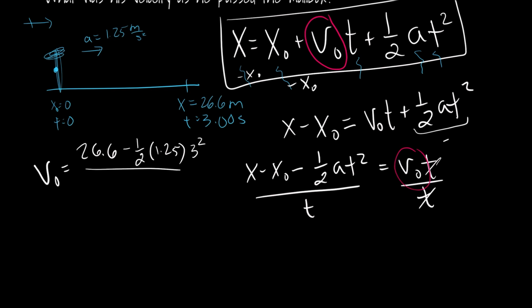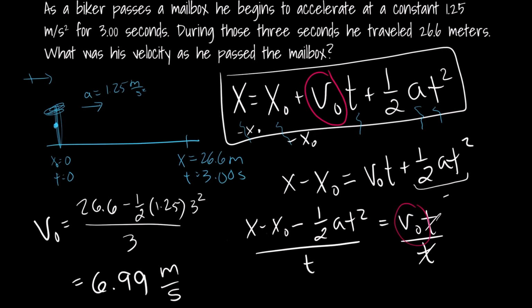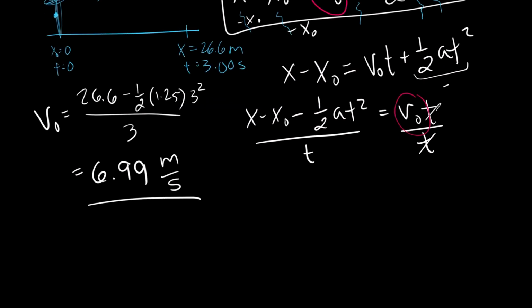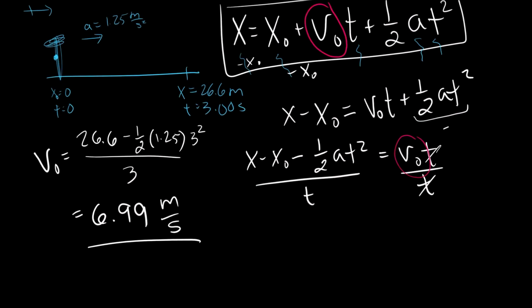Then we're going to divide by 3. That's going to equal 6.99. Our units, since we're looking at a velocity, are meters per second. Let's check our sig figs. We have 3 sig figs and 3 sig figs and 3 sig figs, so we can report 6.99 meters per second. So that was the velocity of our biker as he passed that mailbox.